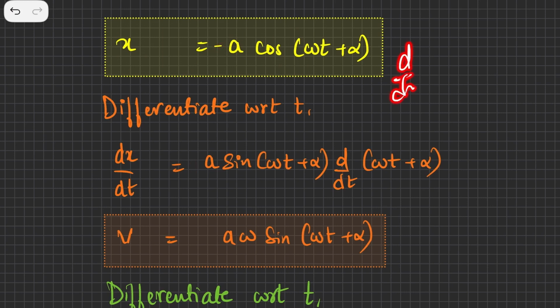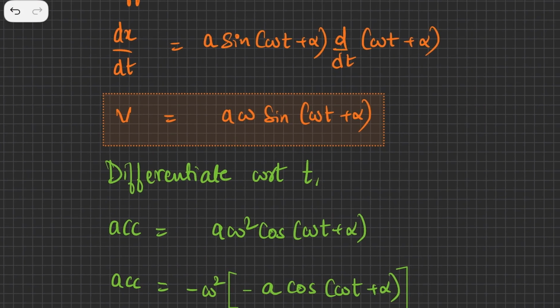So the derivative of cos x is minus sin x. Sin omega t plus alpha is as it is, and there is a chain rule here, so the derivative of omega t plus alpha will remain. Now a as it is, sin omega t plus alpha as it is.